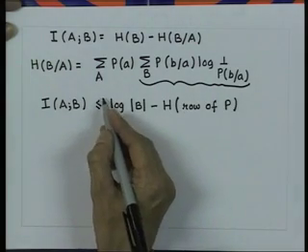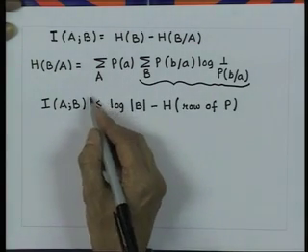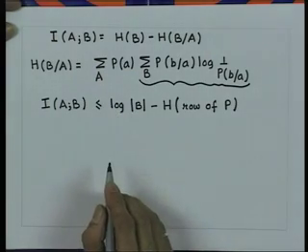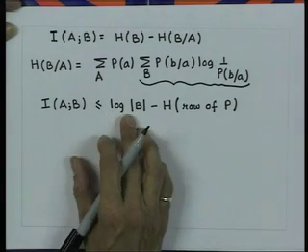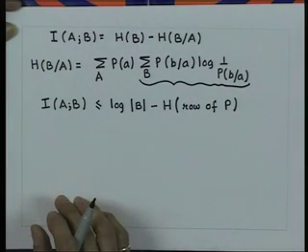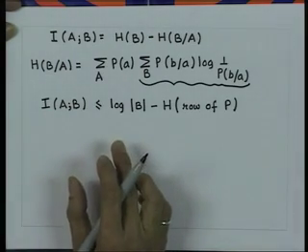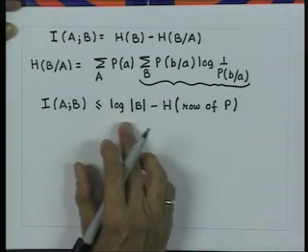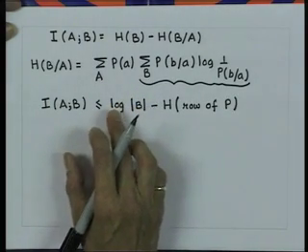Now, equality will hold if and only if the output distribution is uniform, in which case we will get the capacity for the channel.